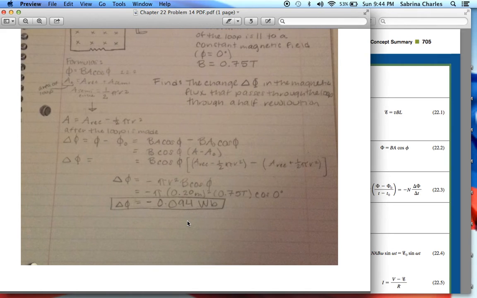We use 1/2 pi r squared because the area of a circle is pi r squared, of course, and that is half since it's a semicircle. So once you plug and chug, you get your final answer, and it is negative 0.094 Weber. Thank you.